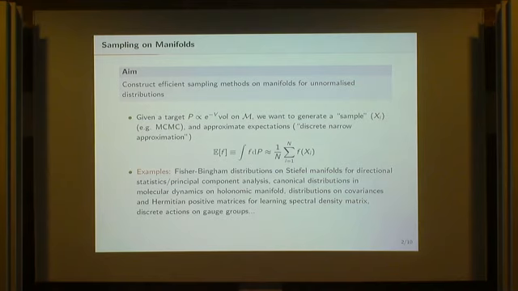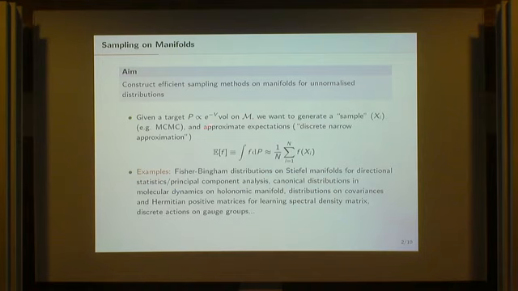And in statistics, the covariance matrix is also very important, and you also look at distributions on the space of covariance matrices, or its complex generalization. For example, there are papers where you use that to learn the spectral density matrix and things like that. And in gauge theory, you're interested in discrete actions, which are also something you need to integrate over a Lie group. So that's kind of the setting.